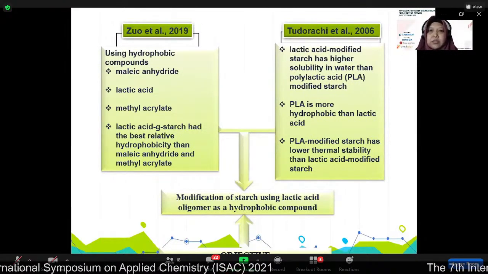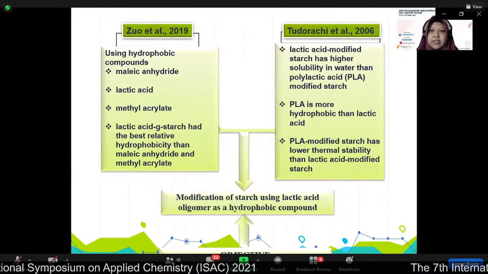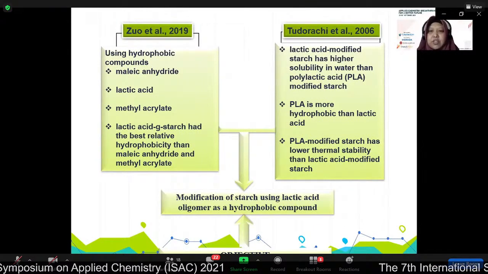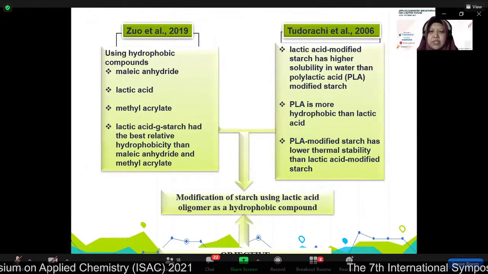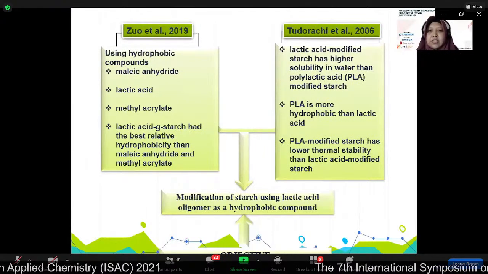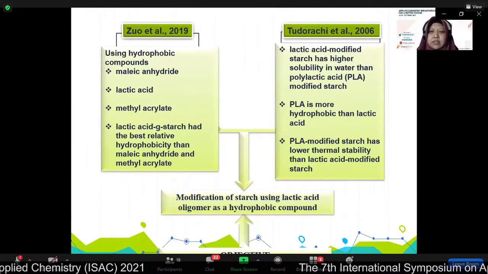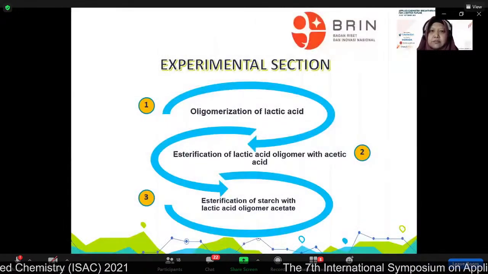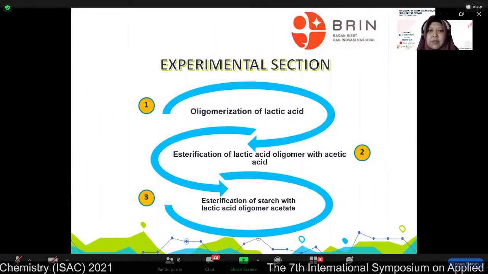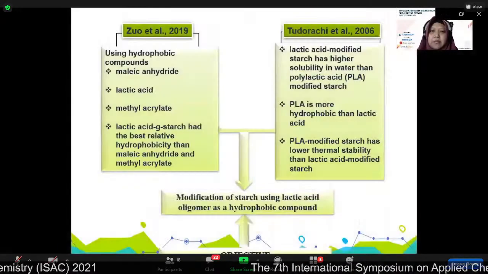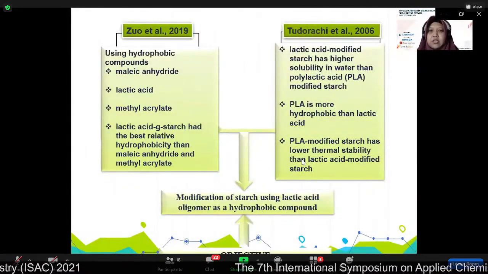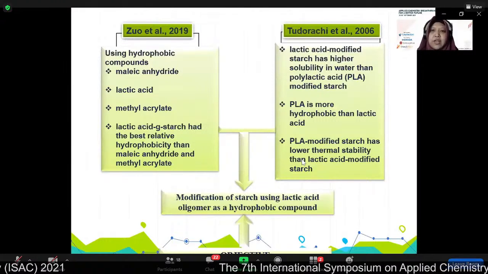On the other hand, Tudorachi et al. have reported that lactic acid modified starch has higher solubility in water than polylactic acid modified starch. Based on this report, the objective of this research is to modify starch with a lactic acid oligomer.